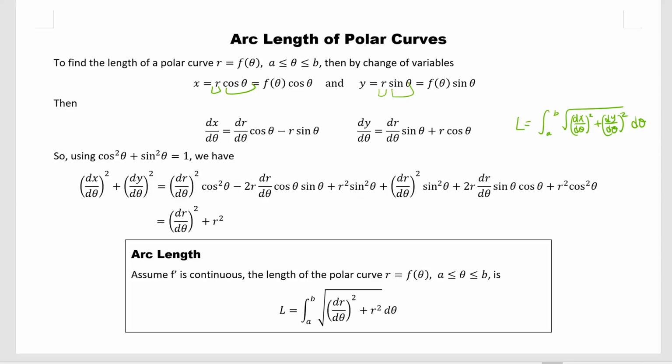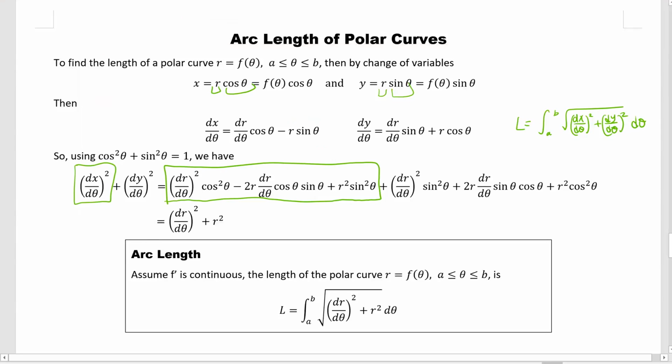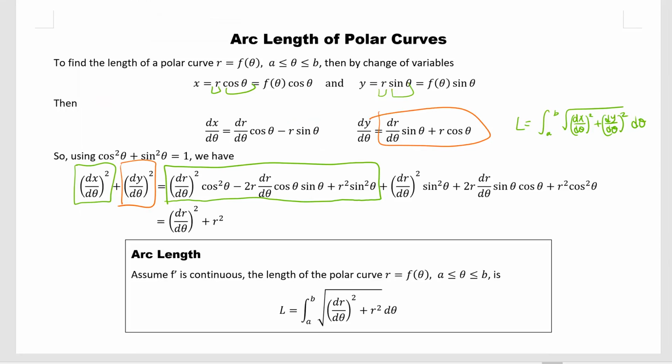Okay, so this together corresponds to dx d theta squared. And then next, dy d theta squared, which is this guy squared, is the first term squared plus 2ab, so 2 times the first term times the second term plus the second term squared.